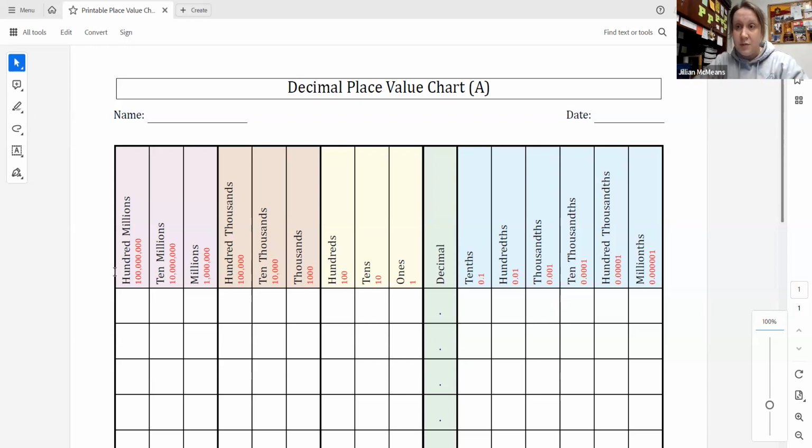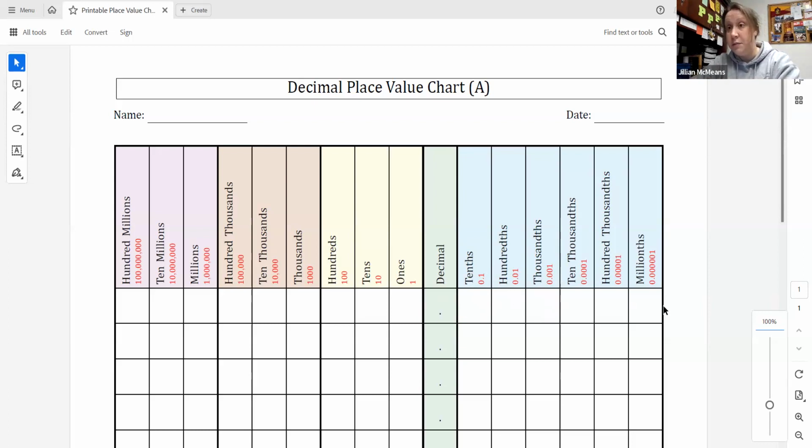Now, after the decimal, it's a little bit different because we're talking about fractional parts of a number. So the first digit after the decimal place is the smallest, or it's not the smallest, it's actually the biggest, and you move to the right. The first digit after the decimal place is the tenths, and you do have that THS there. Then it's the hundredths, then it's the thousandths, then it's the 10,000ths, the 100,000ths, the millionths.